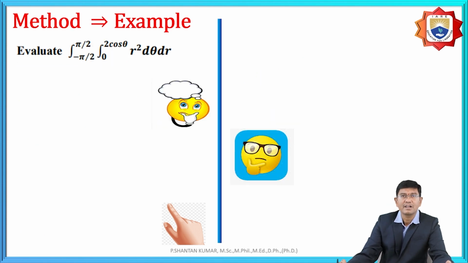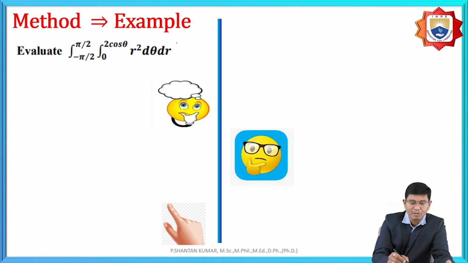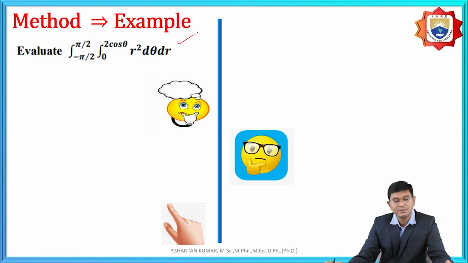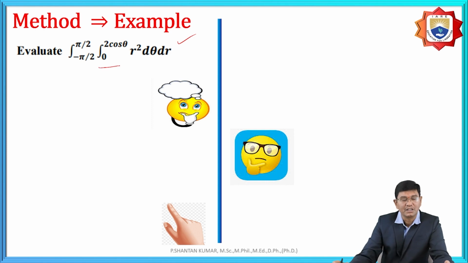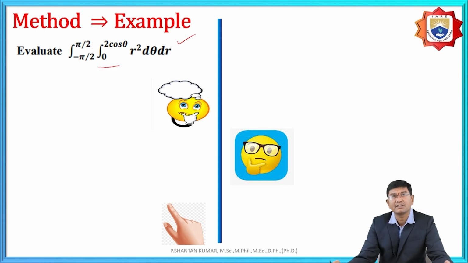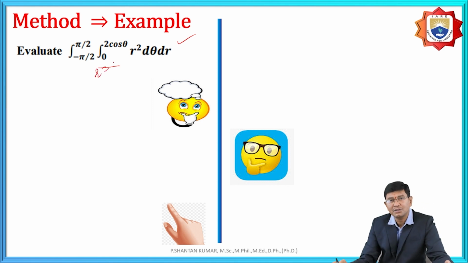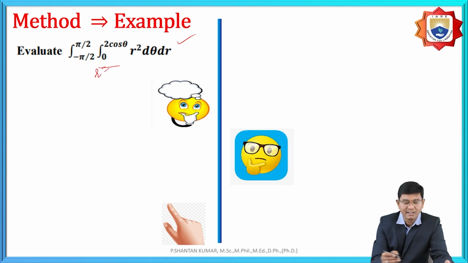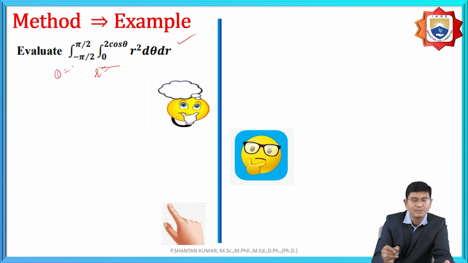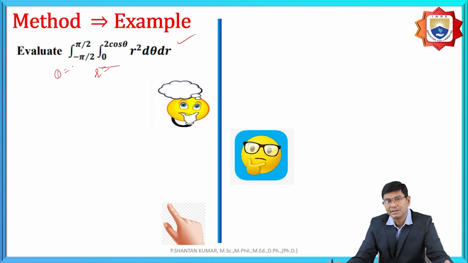Similarly, for example, the problem has limits minus pi by 2 to pi by 2, and the other limits are 0 to 2 cos theta, with r square d theta dr. Here the limits are in terms of theta. We assume r is from 0 to 2 cos theta, and theta is from minus pi by 2 to pi by 2.